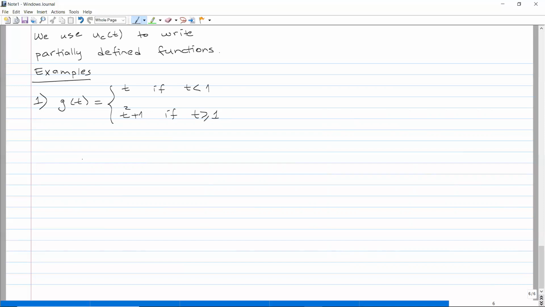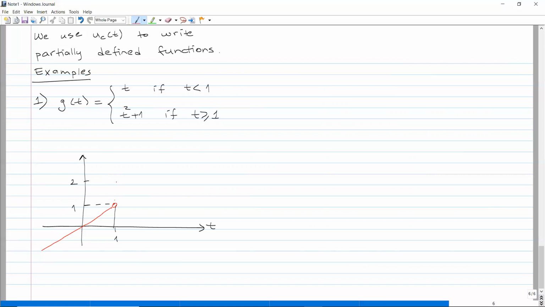So first, up to 1, the function is just t. So the graph is like this. You can also consider it for negative t, doesn't matter. For t equals 1 or larger, it is t squared plus 1.